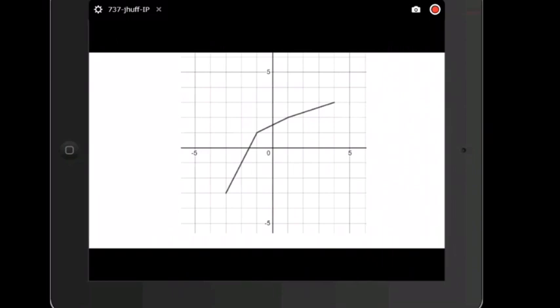So switch the place of all the x's and y's. This point stays the same. This point here becomes 1, -1. This point here becomes the point 2, 1. And then this point here becomes a point 3, 4.